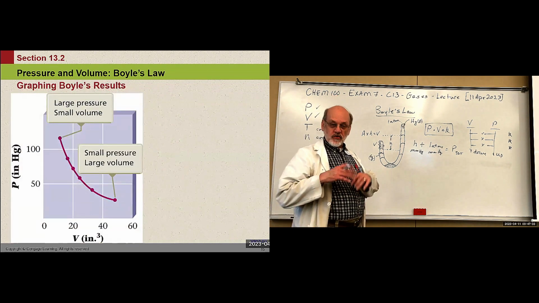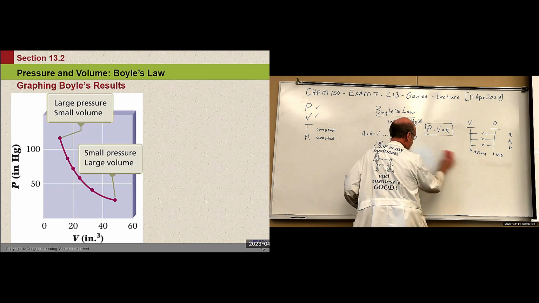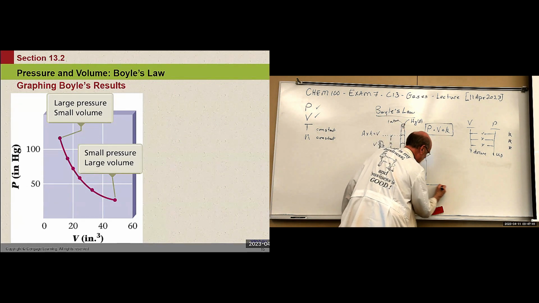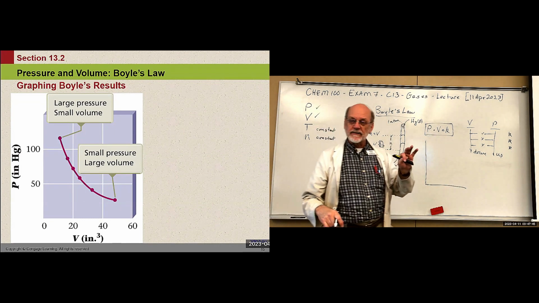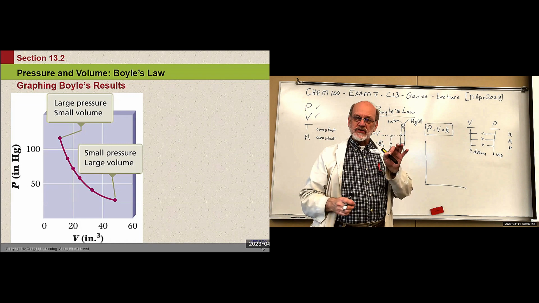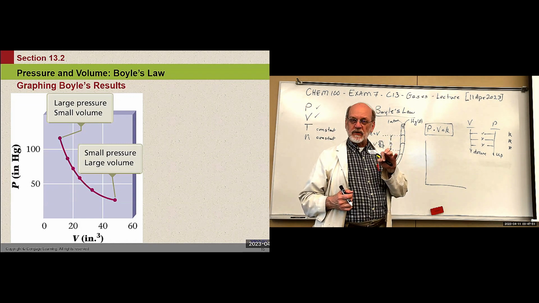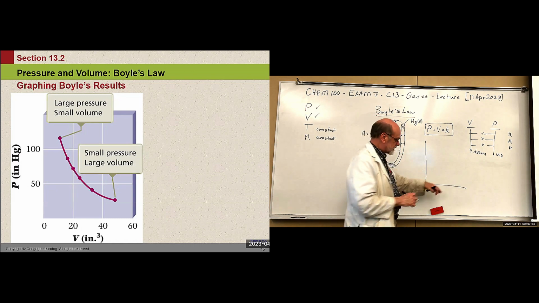So when you graph the data, right, he was changing the pressure and measuring the volume, which means the pressure was the independent variable, the variable that he controlled. So it goes on the x-axis.